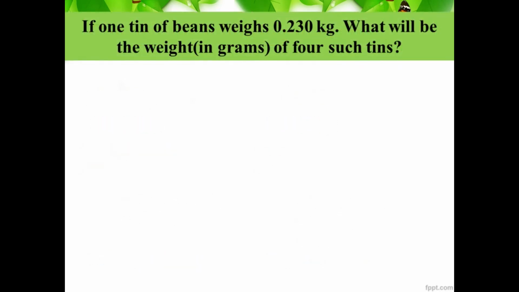One tin of beans weighs 0.230 kg. What will be the weight of 4 such tins in grams? Solution. First of all, we have to write what they have given. They have given the weight of a tin, and they asked us to find it for 4 tins, and also we have to convert kilogram to gram.